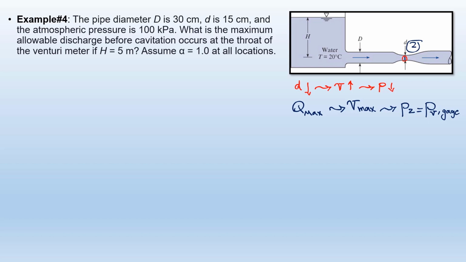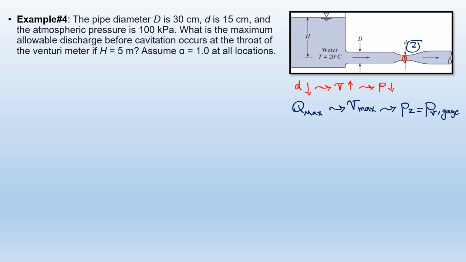Okay, so that's the verge of cavitation. If pressure at section 2 is equal to vapor pressure, then your system is on the verge of cavitation, and that has the maximum flow rate and maximum velocity. Perfect.